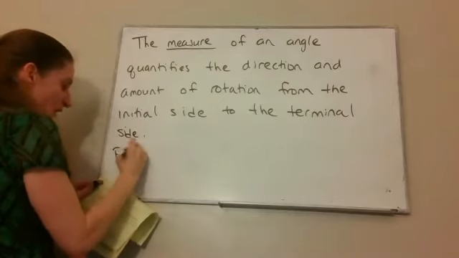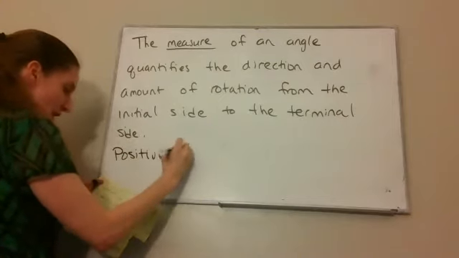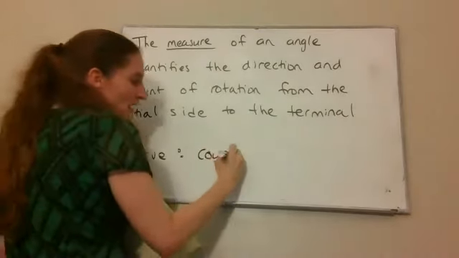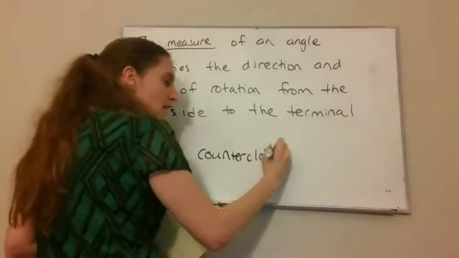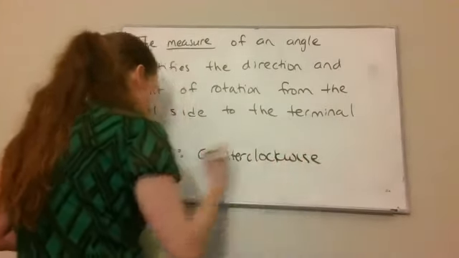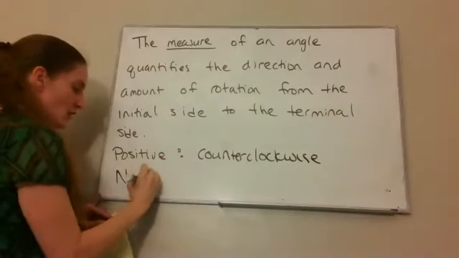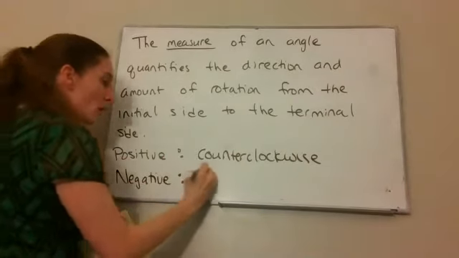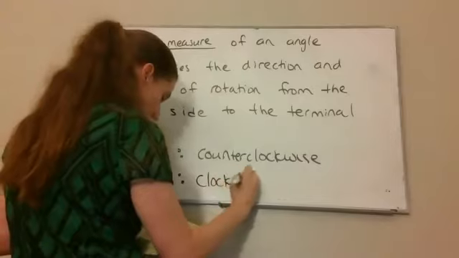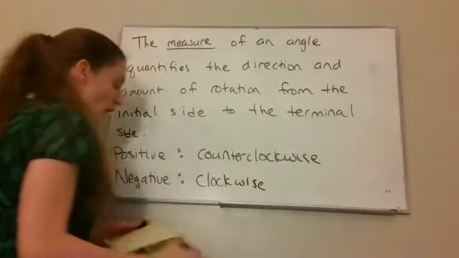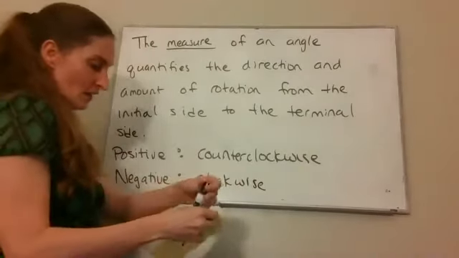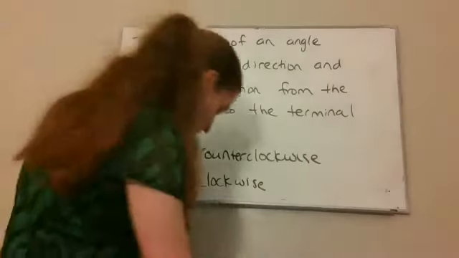We consider a positive angle measure as being rotated counterclockwise, and a negative angle measure is when we rotate clockwise. One full rotation is equal to 360 degrees.